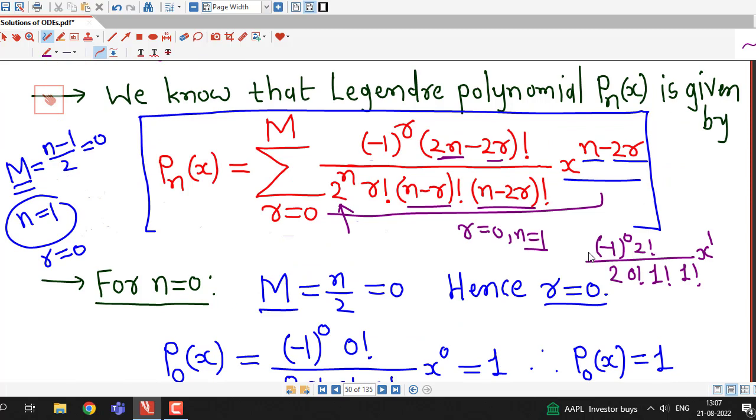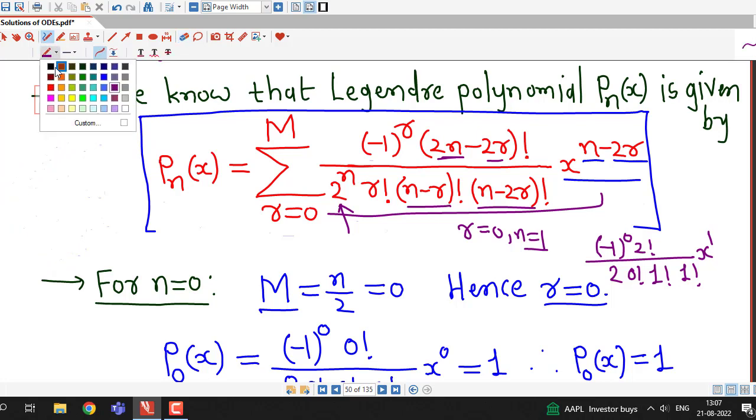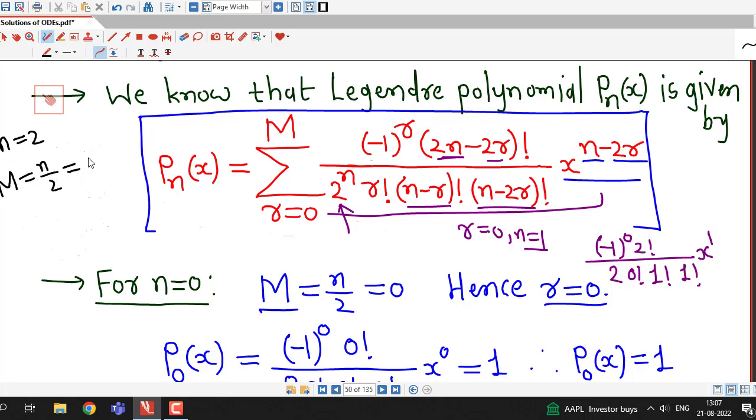Similarly, for n equal to 2, we will obtain the Legendre polynomial of degree 2. So if n is 2, we can see that n equal to 2 is even, therefore M will be equal to n by 2, n equal to 2, so M is equal to 1. And r is from 0 to M, therefore r is from 0 to 1. So we have to find out two terms of this summation, one for r equal to 0 and n equal to 2, similarly for r equal to 1 and n equal to 2.